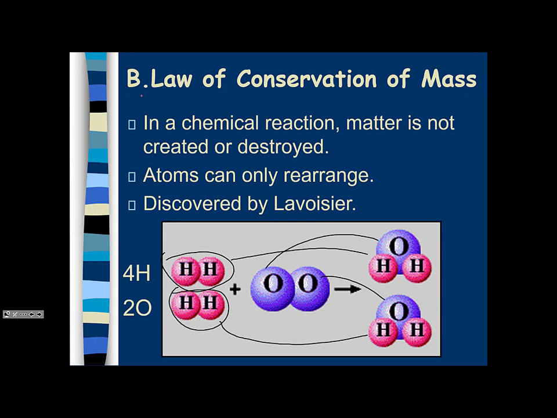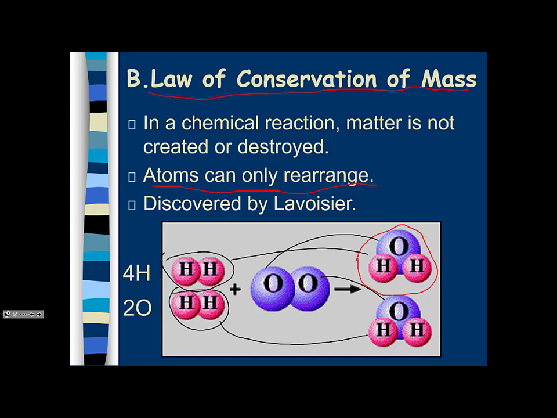So, law of conservation of mass and matter, okay? In a chemical reaction, nothing is created nor destroyed. They're just rearranged a little bit, okay? So you can see here we have 2 sets of hydrogen gas, H2. We have 1 set of O2. That all goes to make, we end up with 2 waters.